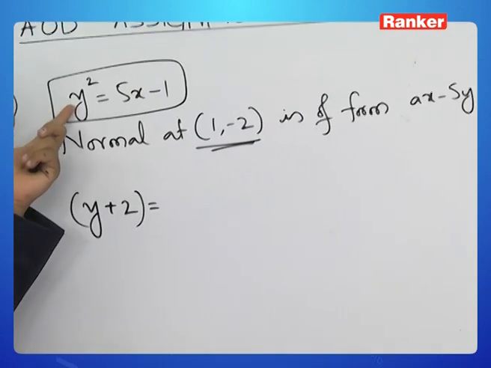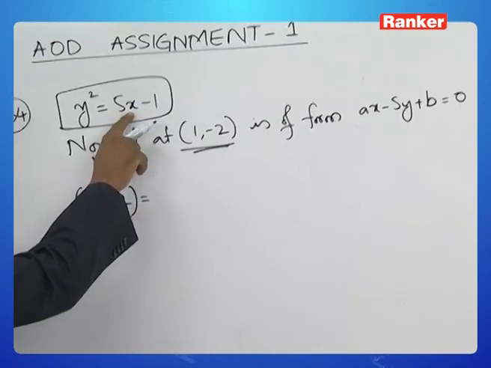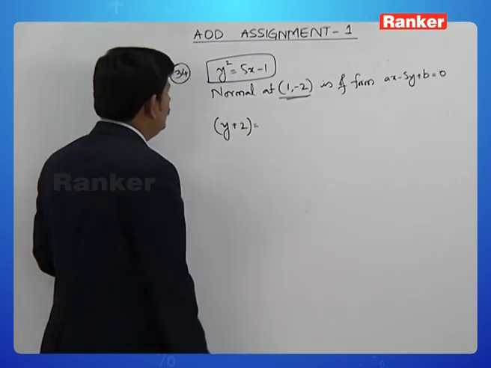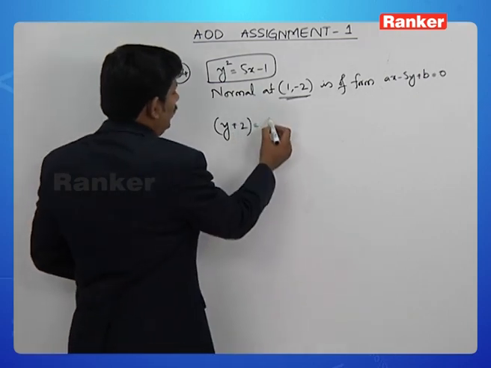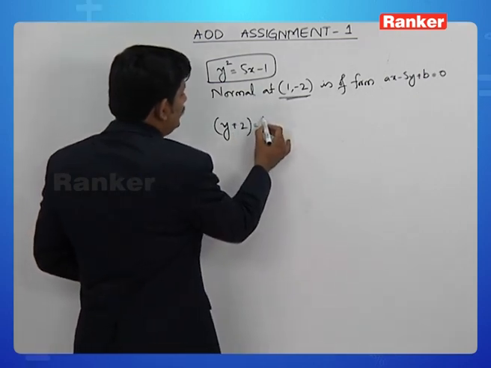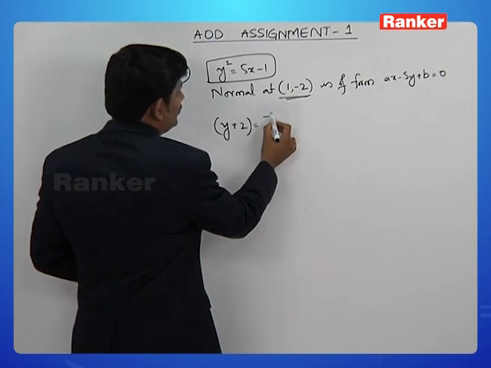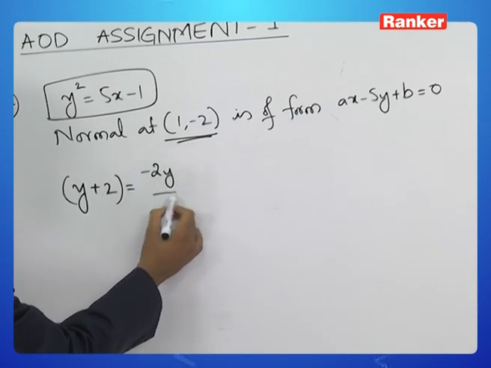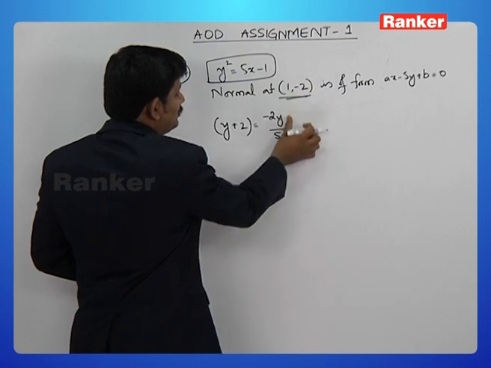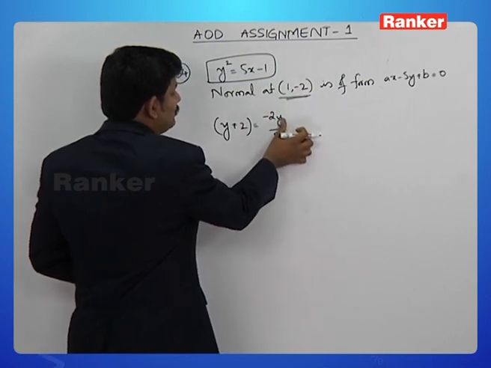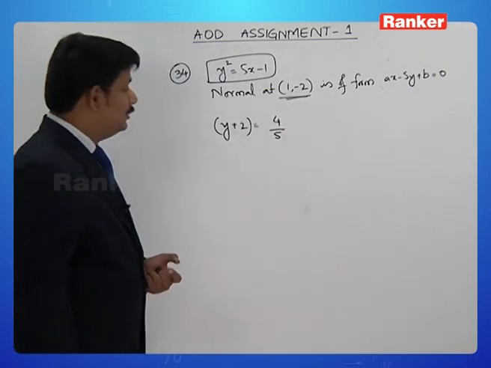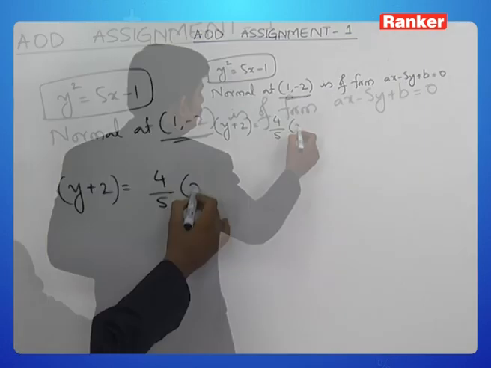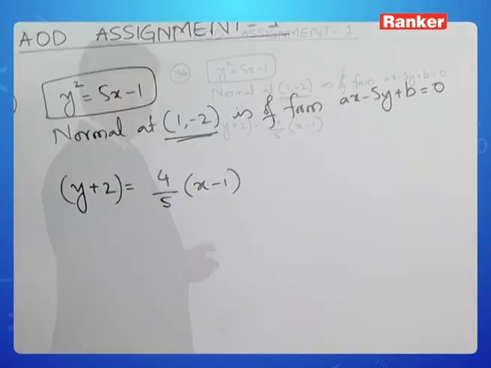Differentiate: 2y dy by dx is equal to 5, or dy by dx is equal to 5 by 2y, or minus dx by dy is equal to minus 2y by 5. Y is given to be minus 2. So, minus 2 into minus 2, that makes it 4. So, the slope of the normal is 4 by 5, and the equation is y plus 2 equal to 4 by 5 into x minus 1.